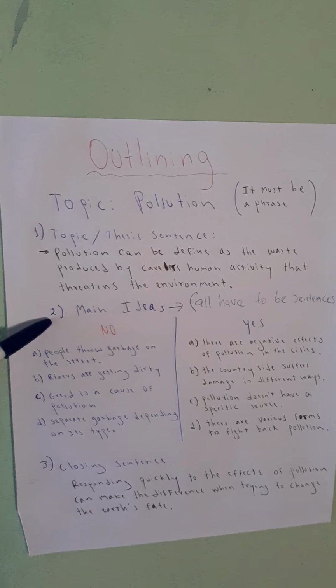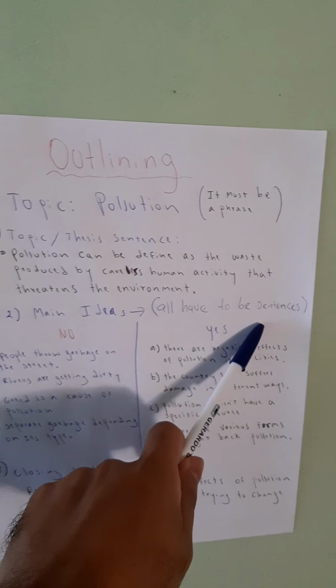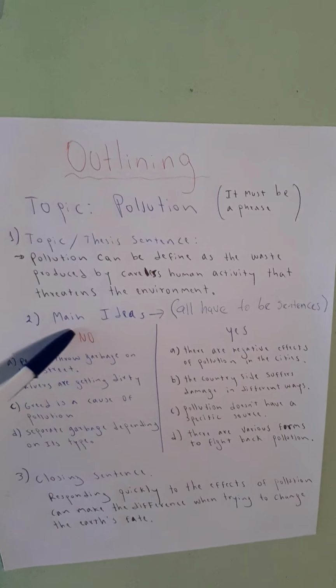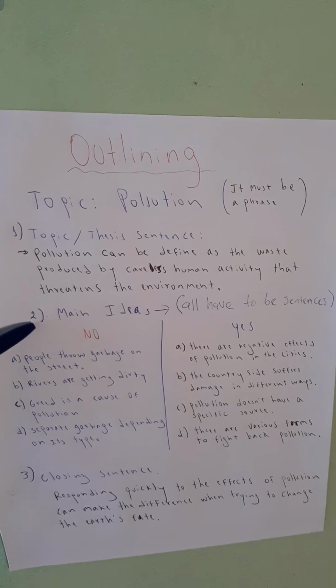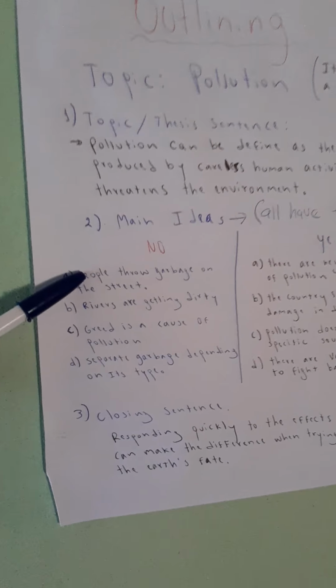In the case of the main ideas, you have to be very careful. All have to be sentences, not phrases. And the problem that I have seen mostly is that sometimes you make those main ideas too specific.